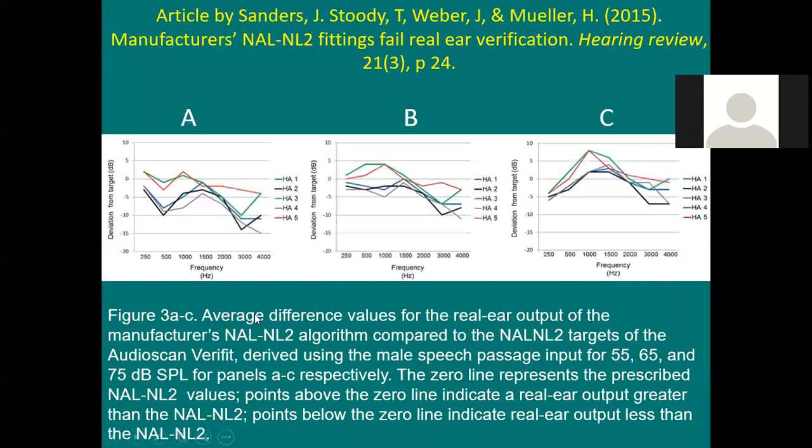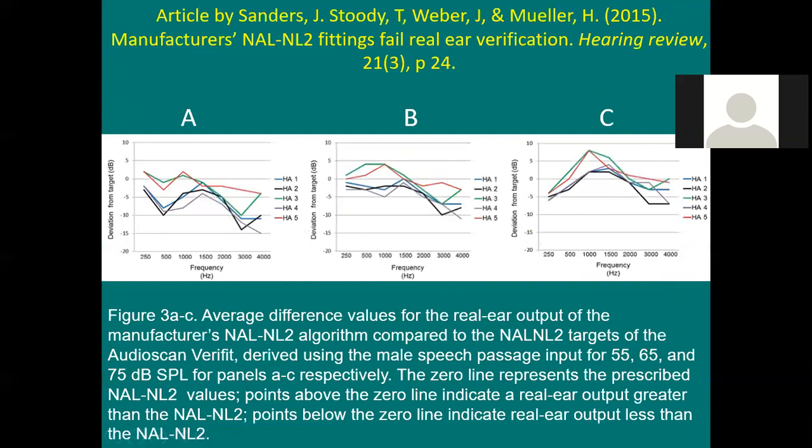Read again. Average differences for real ear output of manufacturer's NAL2 compared to NAL2 on a real ear system, derived using the male speech passage again for 55, 65, and 75 dB SPL inputs for panels A through C respectively, 55, 65, 75. The zero line, follow my cursor, the zero line represents prescribed NAL2 values.